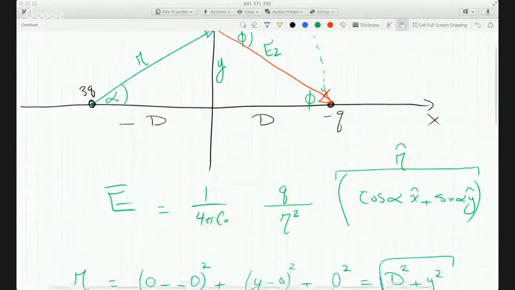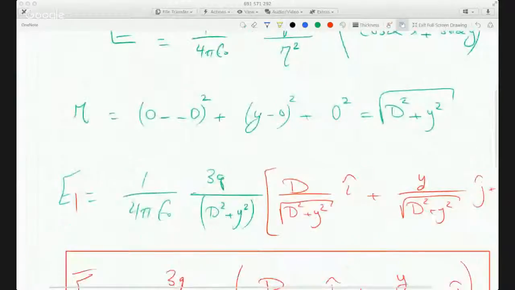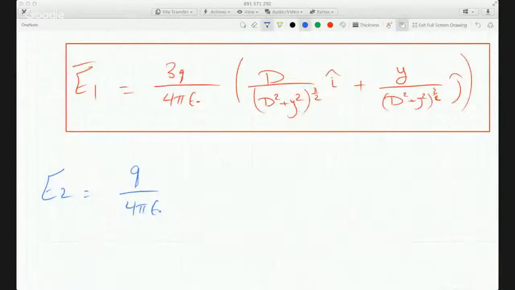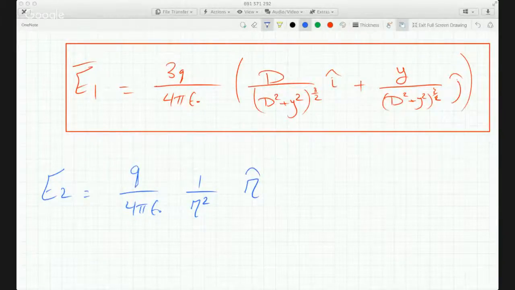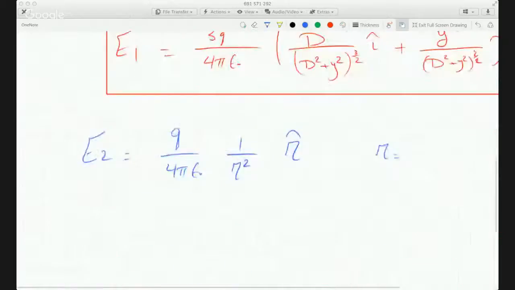What's the separation vector in this case? The same thing, not going to make a difference. It's the square root of d squared plus y squared.